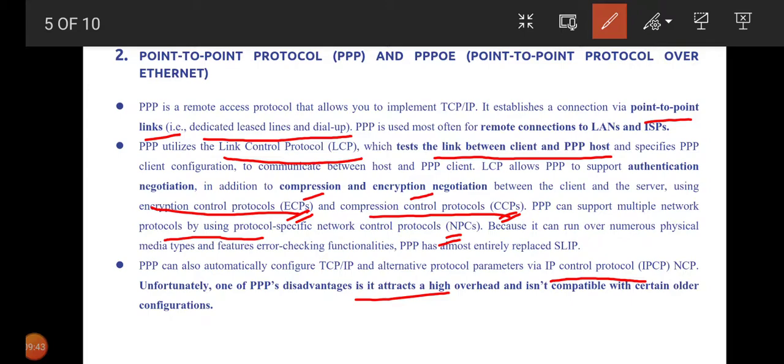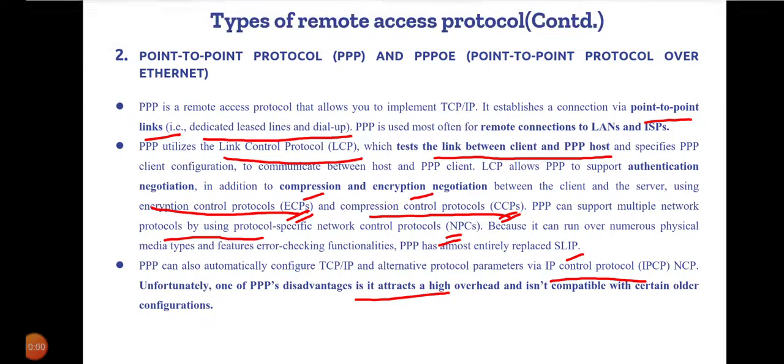So we have to understand that the conventional SLIP was there, which has lower overhead, but it was replaced by point-to-point protocol because it has more advanced features, but the associated overhead is high.